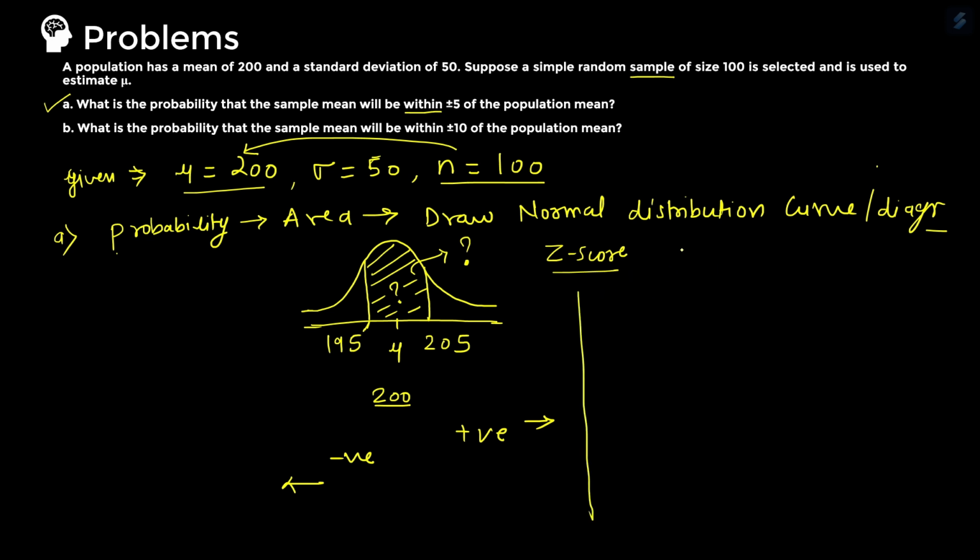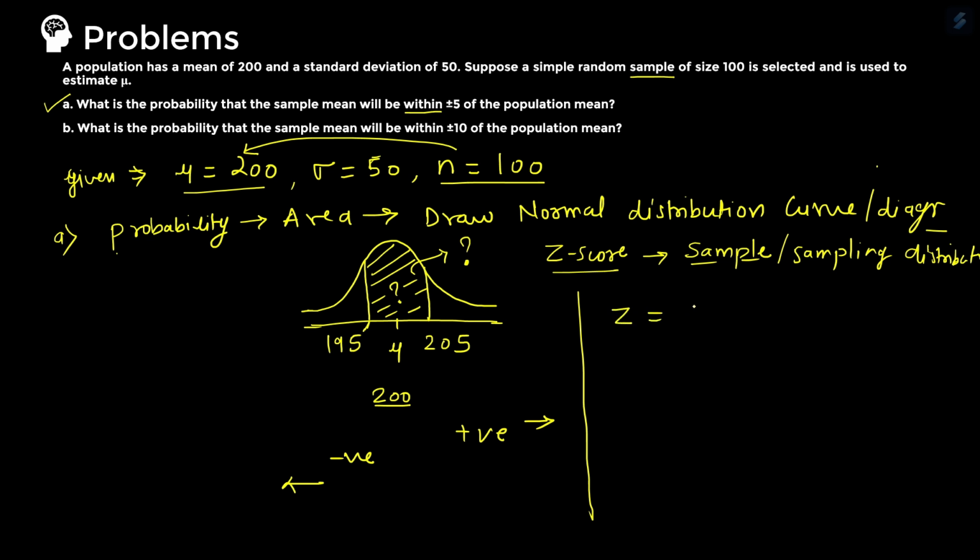Now we are doing the z-score calculation only for our sample. As we are using this terminology, sampling distribution, our z-score formula will slightly change. It will remain the same, but it will slightly change. Let me tell you how.